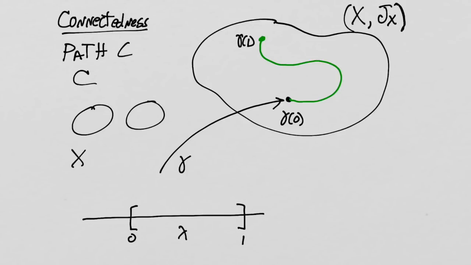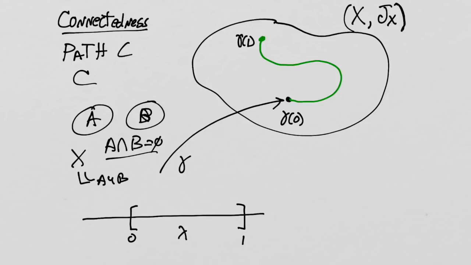If X equals A union B, and A intersection B equals the null set.